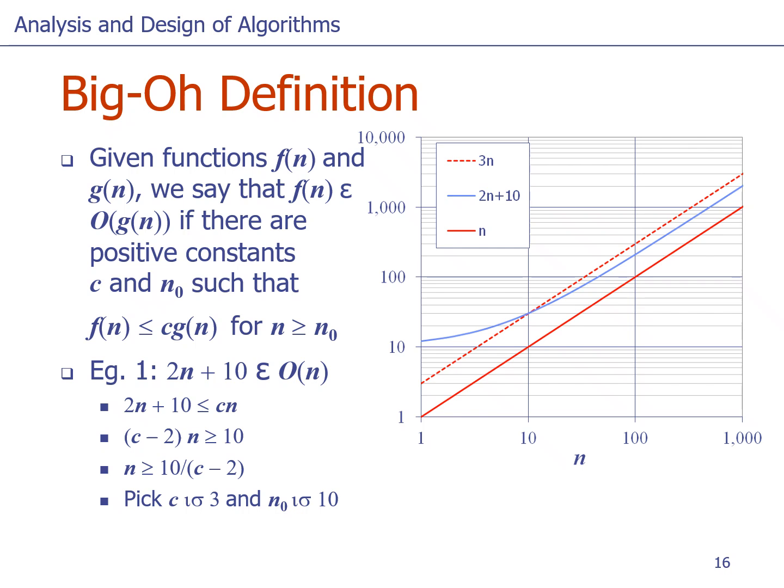Let me read the definition and then we will look at the example at the bottom. It says, given functions f of n and g of n, we say that f of n is in O of g of n, the symbol that looks like an epsilon there we read as "is in", if there are positive constants c and n naught such that f of n, on the graph, is always less than or equal to this constant c multiplied by g of n, for all n values greater than n naught.